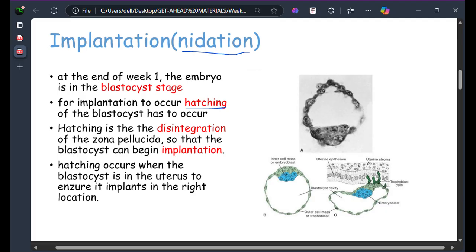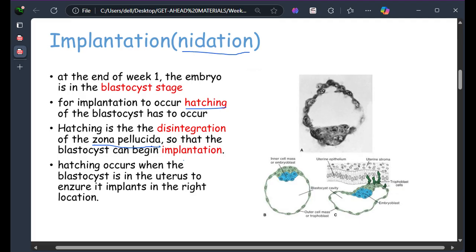Hatching is disintegration of that zona pellucida. Remember that the zona pellucida was still there all this while, but now it has to disintegrate. And how does it disintegrate? We didn't mention. So this is how it happens. Once it reaches there, there are chemical signals that allow it to disintegrate, and we're calling that process of disintegration of the zona pellucida hatching.